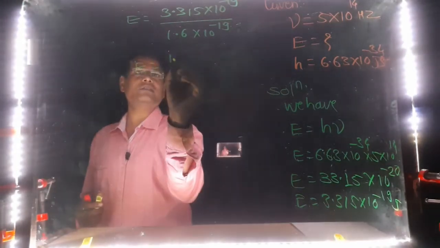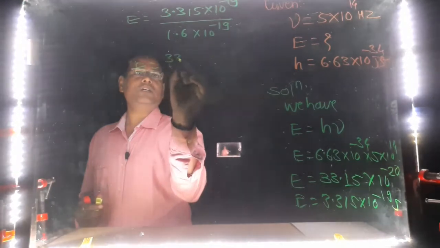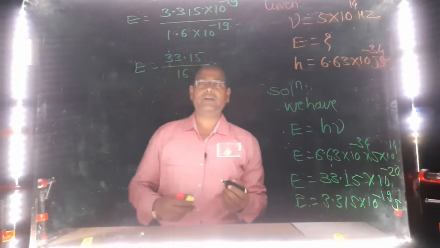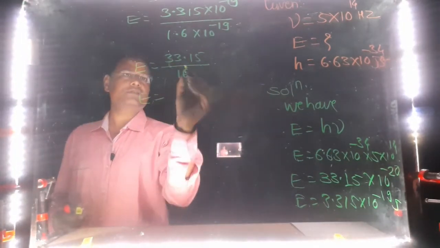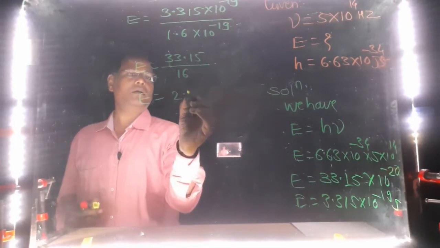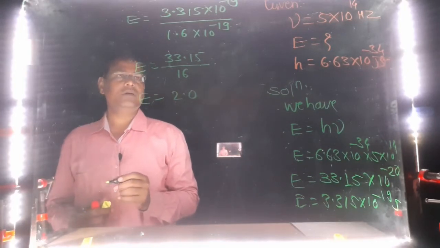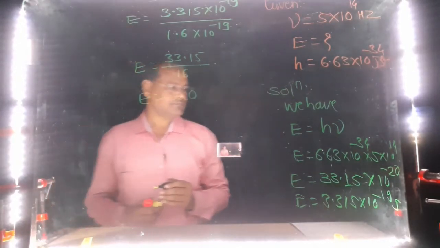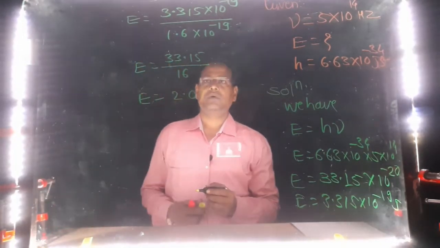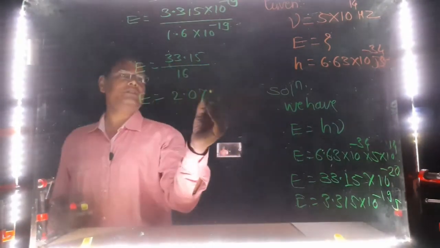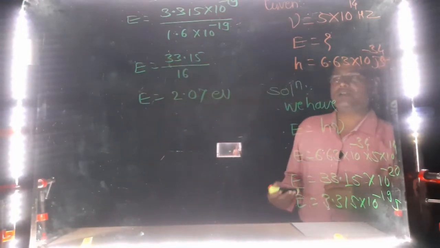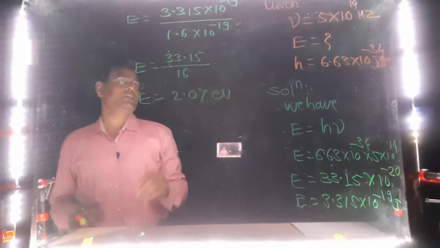We can write this as 33.15 divided by 16. 16 2s are 32, it is 2, 1 remaining, and 13 7s are 112. So E equals 2.07 electron volt.